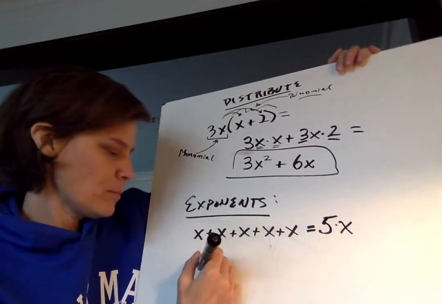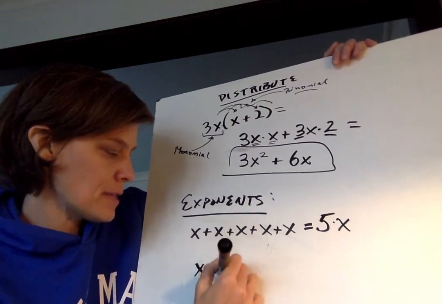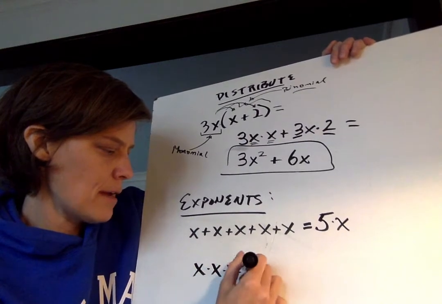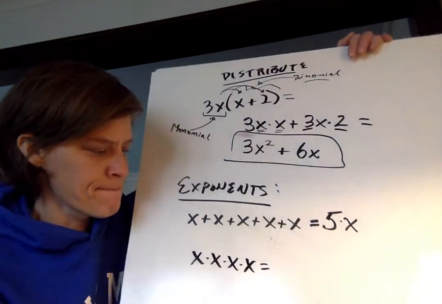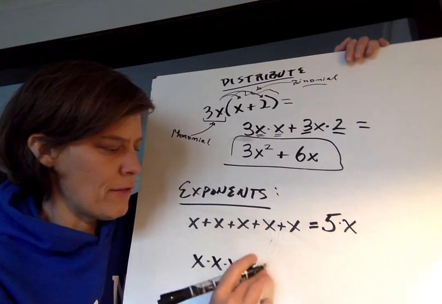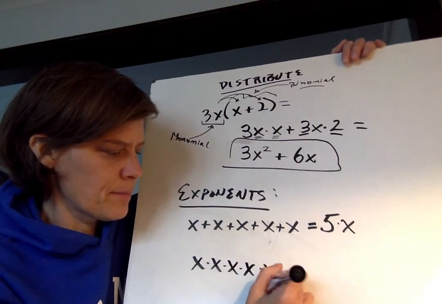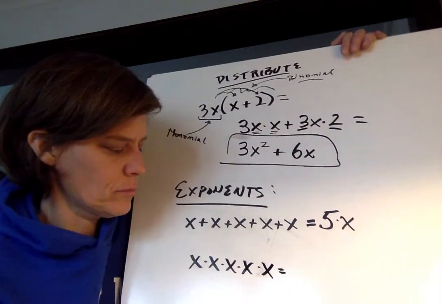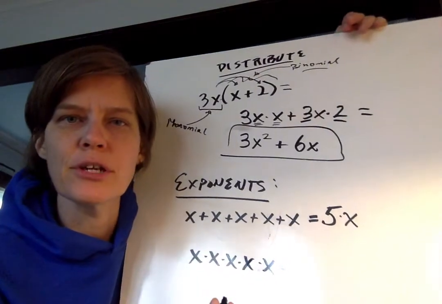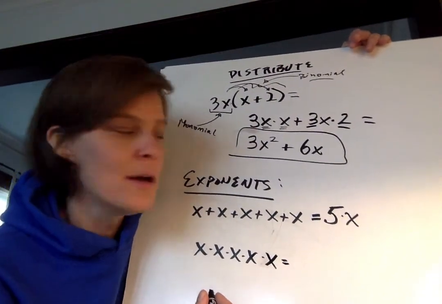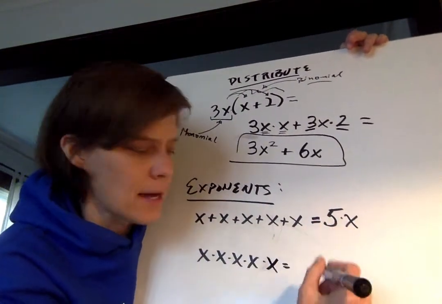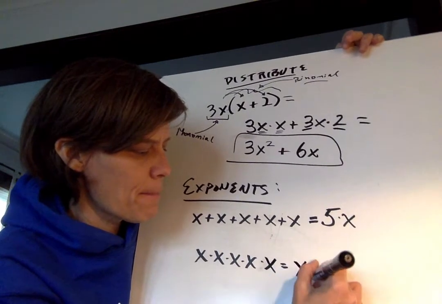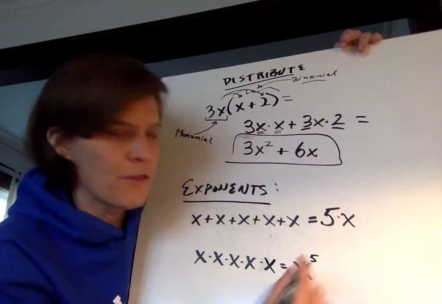Well, if I had X times X times X times X, well, I'll do 5 of them just so we have the same number. I'm doing the same operation to X 5 times, but it's not 5 times X, it's X to the 5th power.